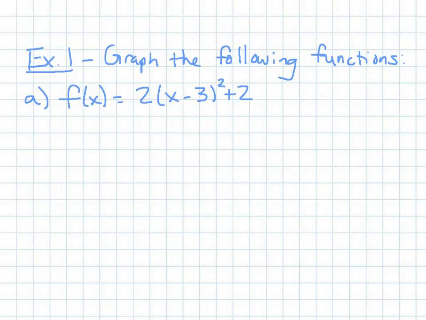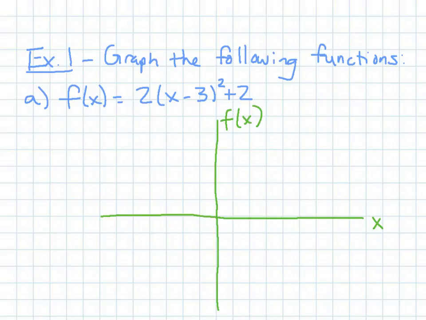So here, let's graph some. Now we don't need to have our XY tables to do this. We can start with the parent function. In this case, it would be x squared. And we've already graphed that several times in this video. Okay?